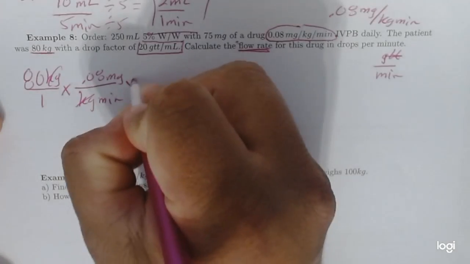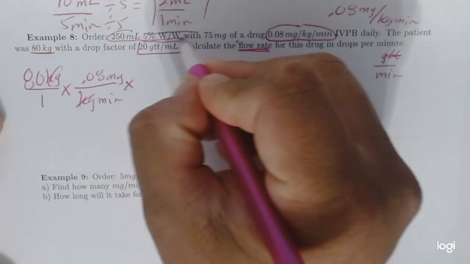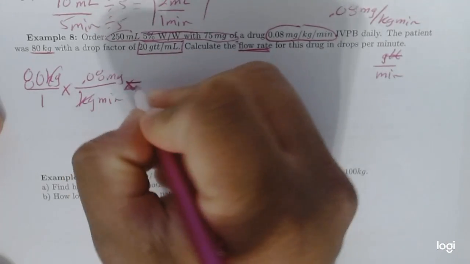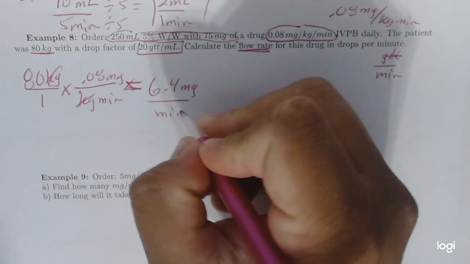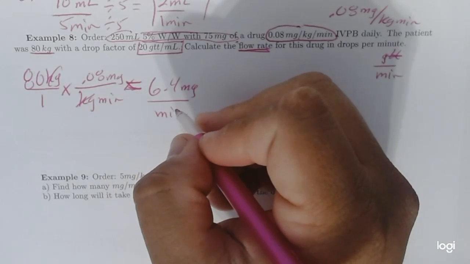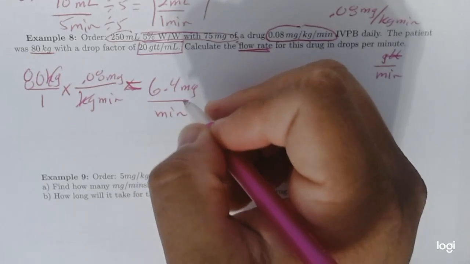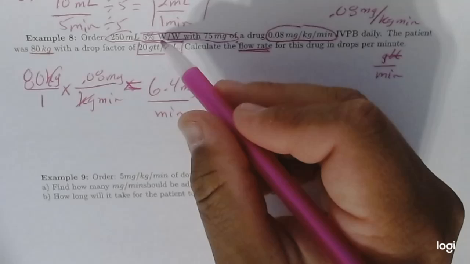All right, so the next thing is, what's the only thing we're going to use that gets rid of milligrams? Well, noticing the order, actually, I can multiply this out to make it easier. This gives us 6.4 milligrams per minute. Now I'm going to multiply by that portion.